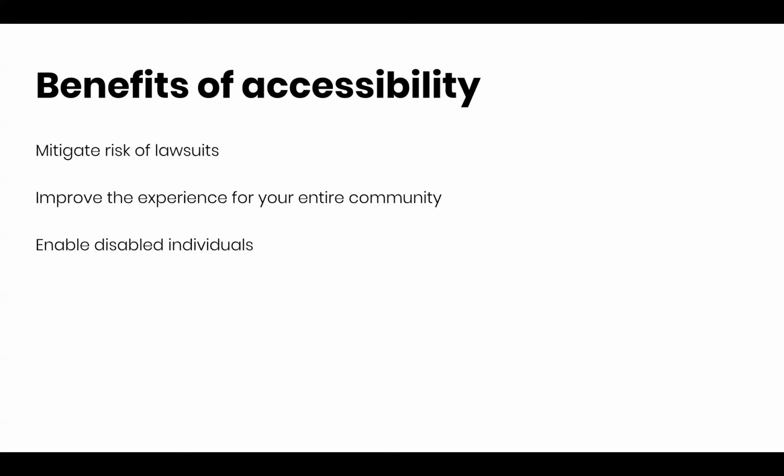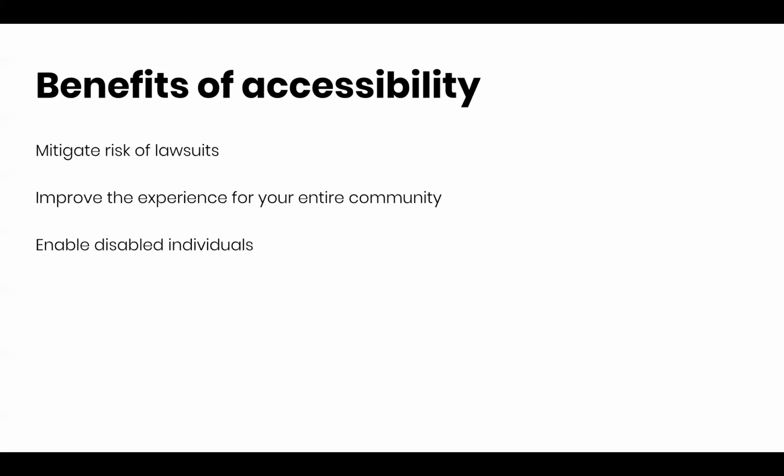I want to quickly talk about the accessibility benefits. We won't spend a ton of time here because I'm assuming by joining this talk that you already have some of them down. Then we'll spend the bulk of the time focused on some ways that you can start to implement accessibility today. There are three big benefits to accessibility I want to talk about. The first one we'll get through right away. It's kind of the pink elephant in the room: there are lawsuits.